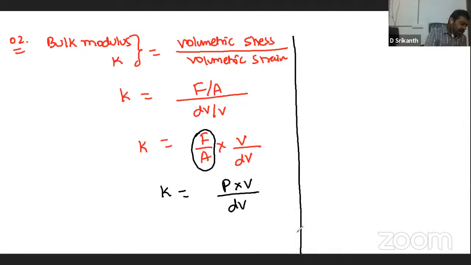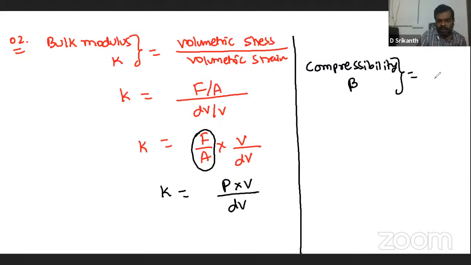After this bulk modulus, there is a property called compressibility. It is generally indicated by beta. It is the reciprocal of bulk modulus.